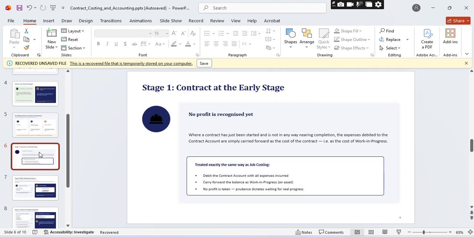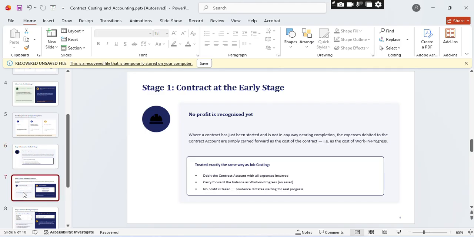So, this is treated exactly as the way we treat job costing, that is, debit the contract account with all expenses incurred, carry forward the balances as work in progress as an asset, okay, and no profit is taken because we have to comply with the prudency concept, that we wait for the contract, okay, to progress before we can now decide to start taking a profit.